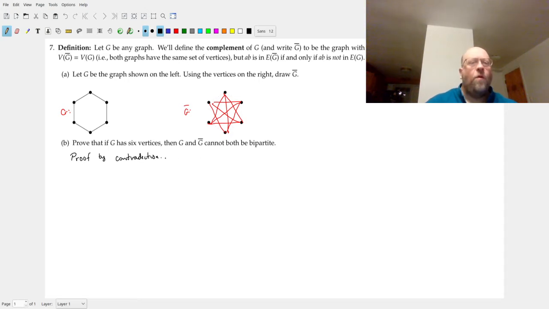We're going to assume that G and G bar are both bipartite, and then we're going to show this leads to a contradiction.